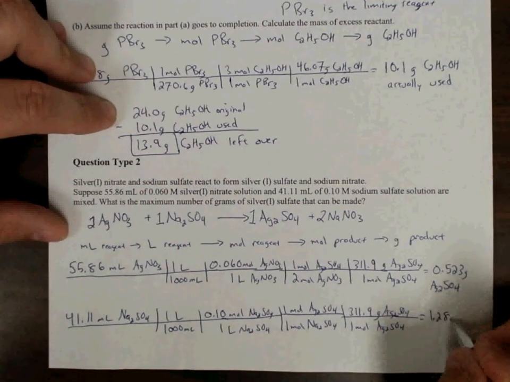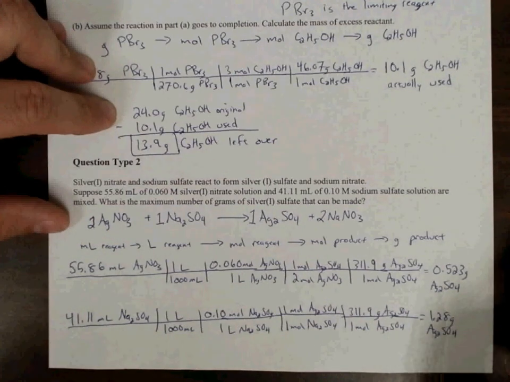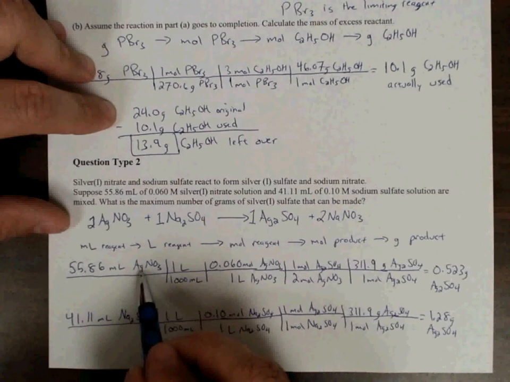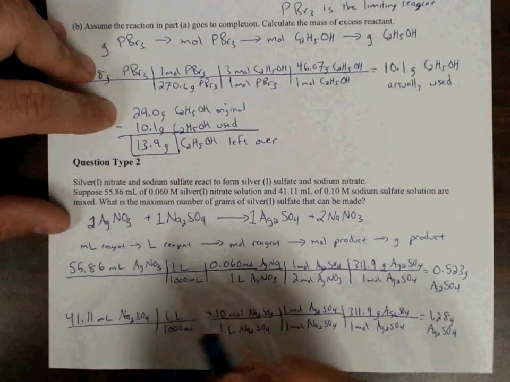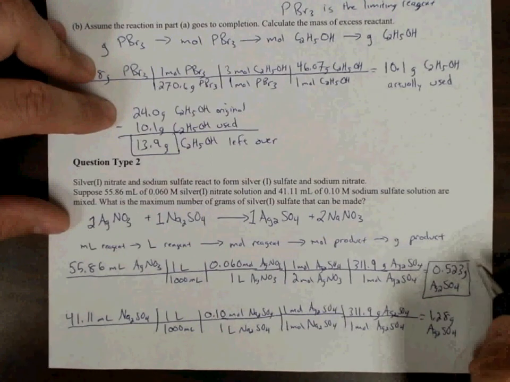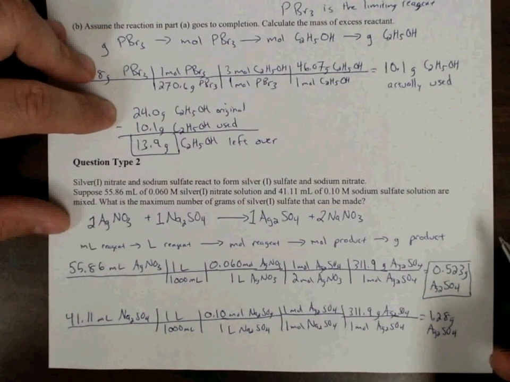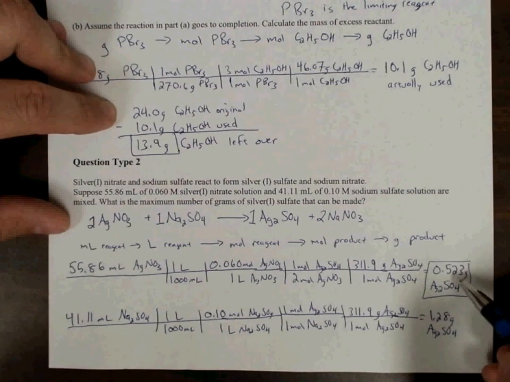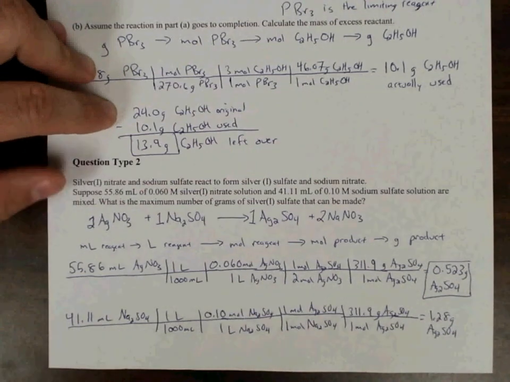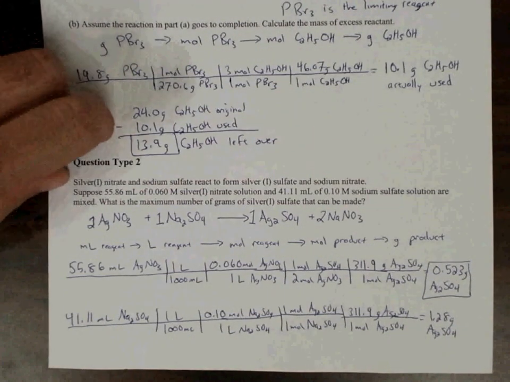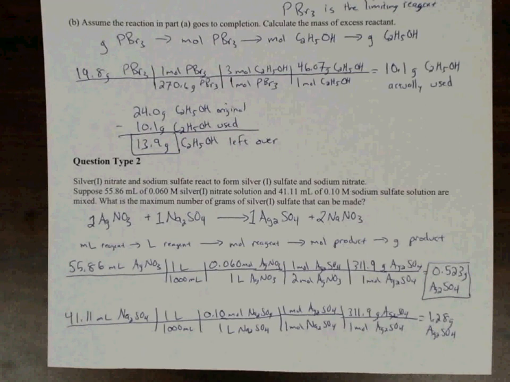Ag2SO4 gives me 1.28 grams Ag2SO4. So our limiting reactant here is going to be the silver 1 nitrate. That's our limiting reactant, and the maximum number of grams that we can produce is 0.523 grams of Ag2SO4.